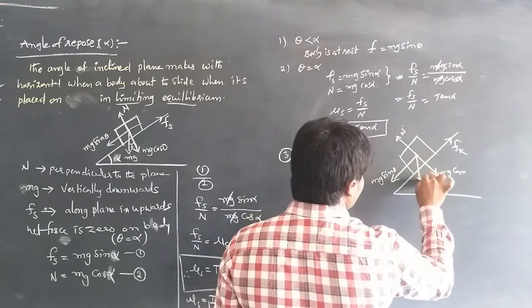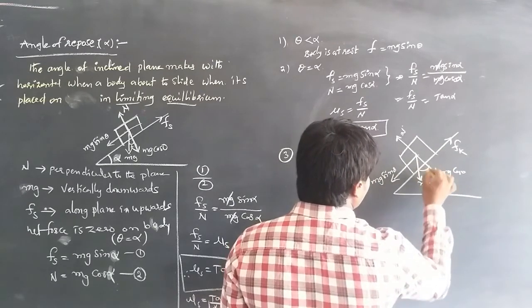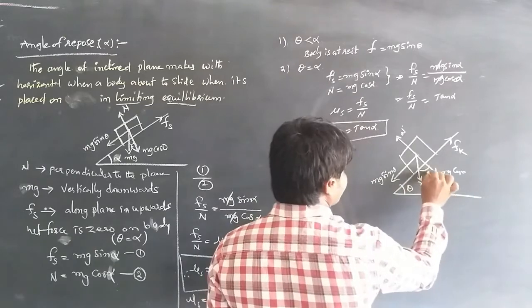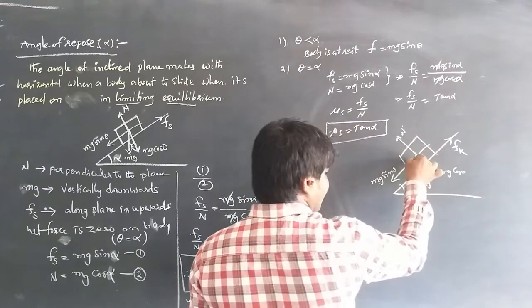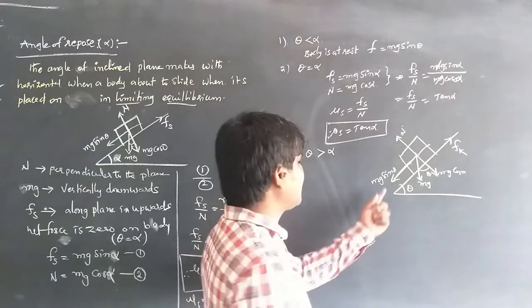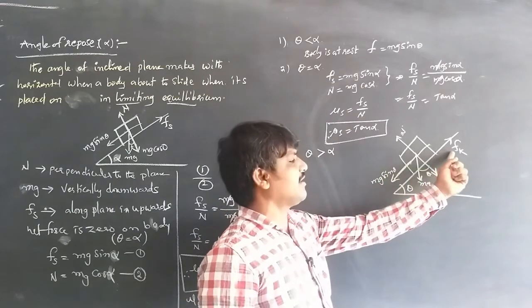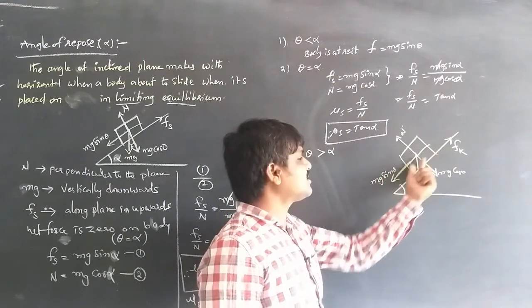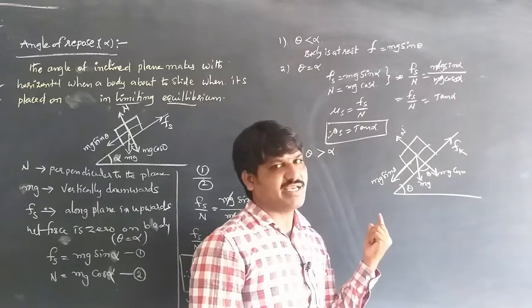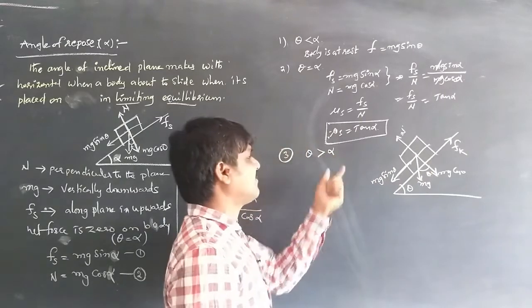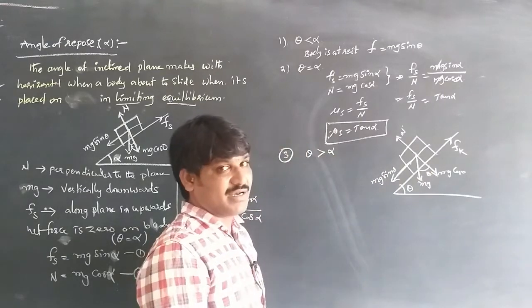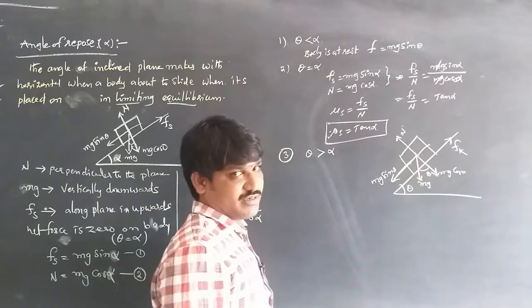The net force will be mg sin theta minus fk, because the body is ready to slide down. If theta is more than alpha, the body has already started motion on the inclined plane.